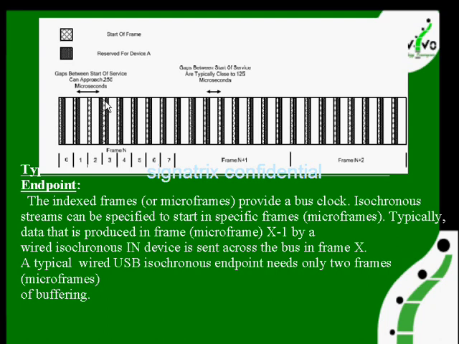So the gap between the service here is 2 microframes, that is 125 into 2, so around 256 microsecond. But here it is giving the service interval at every microframe, that's why the service interval is 125.